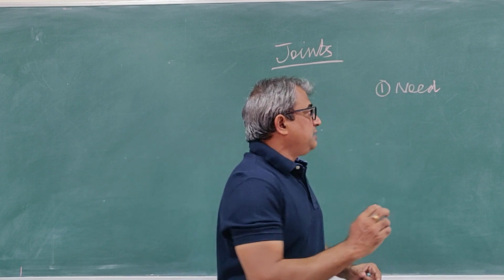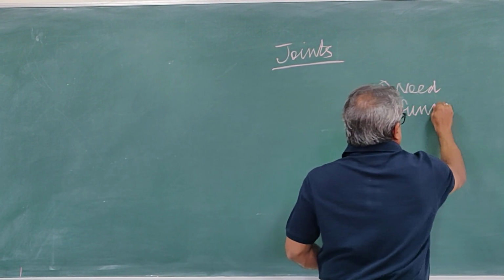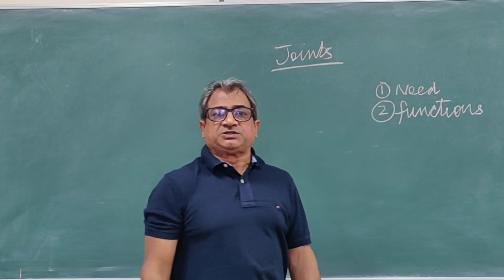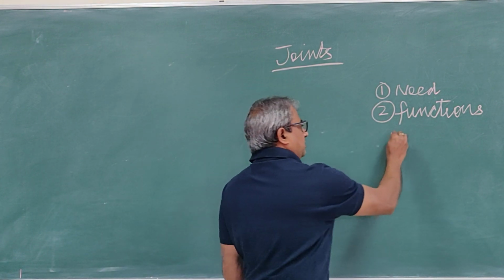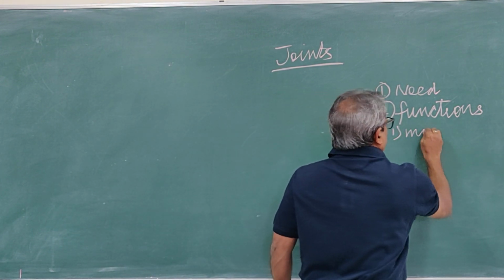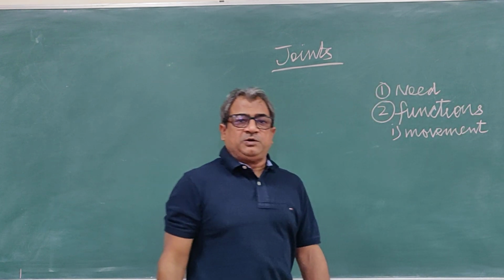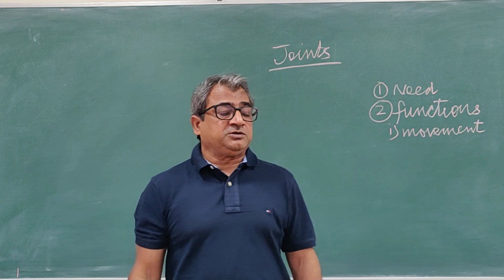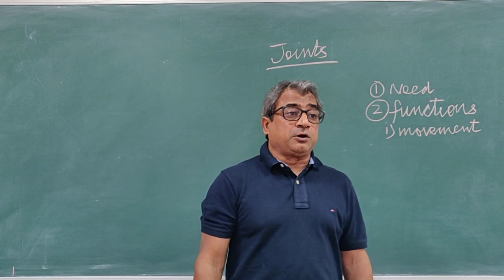So we can further understand it with the help of what we call the functions of the joint. What are the different functions? First, we just discussed in the need part that it provides movement. Another very important function of the joint is that it provides differential growth.